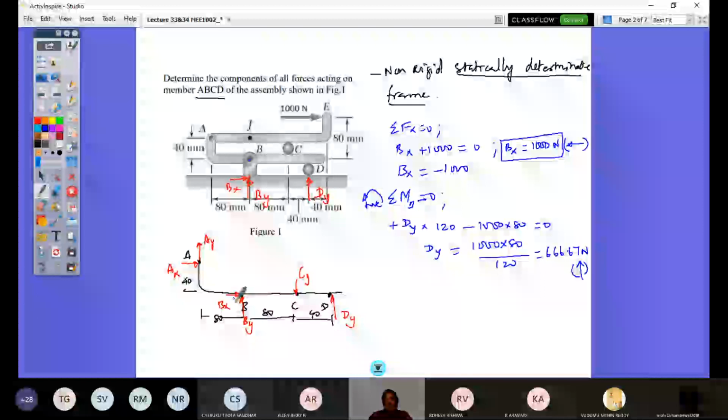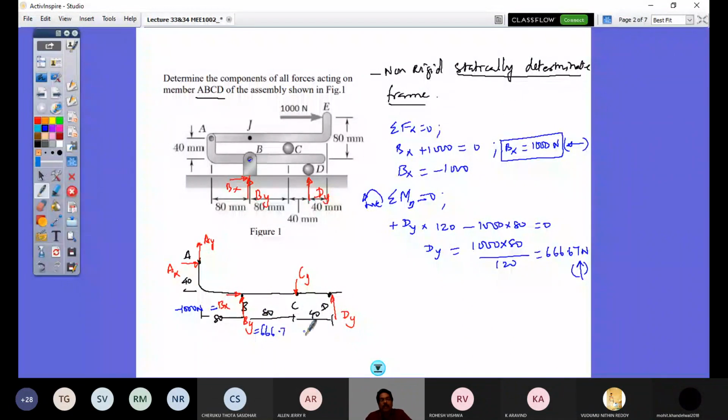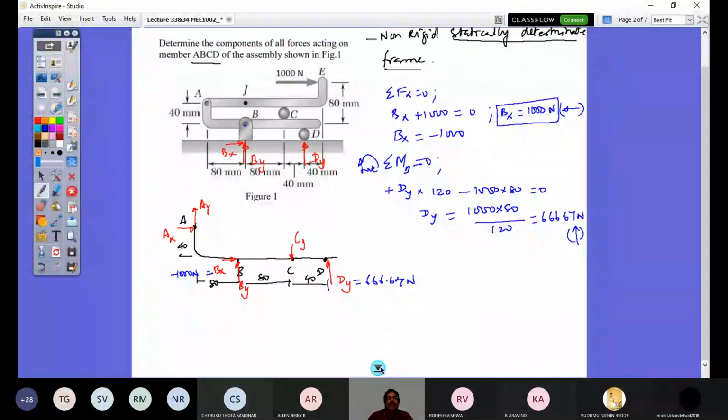And what is my By? It's upward, so it is 666.7 Newton. And Dy, sorry, Dy is this, right? Dy is what we have got, 666.67 Newton, and By is unknown, Cy is unknown, Ax and Ay are unknown. So now what I should do, I can also get my By from this diagram. So from the entire frame free body diagram, applying the third equation.